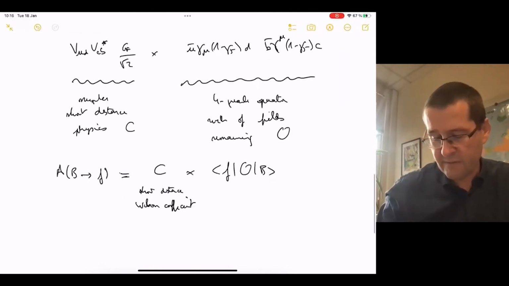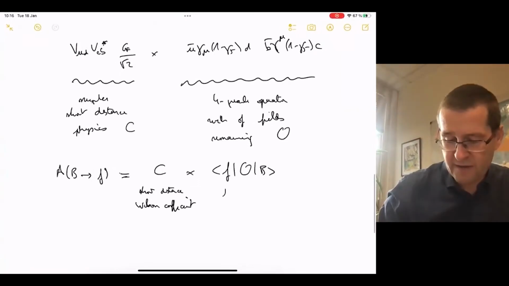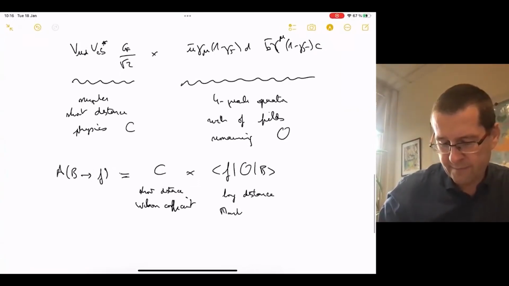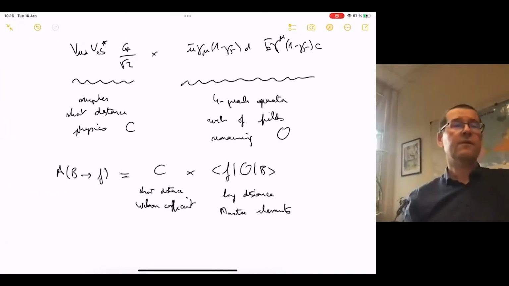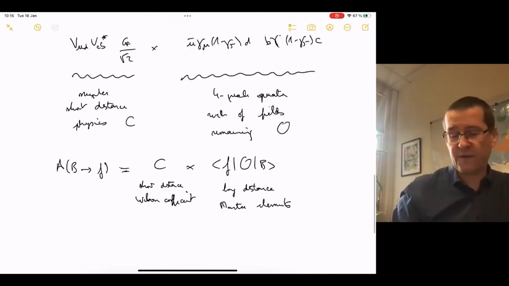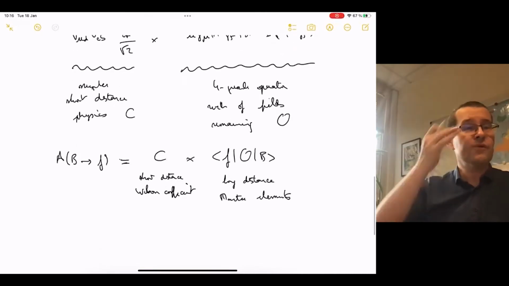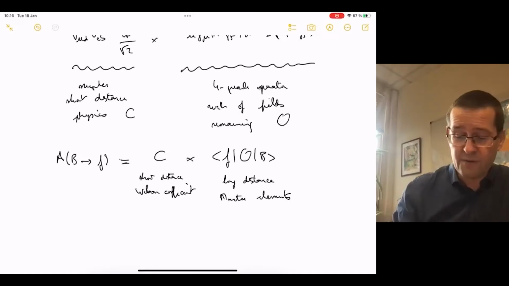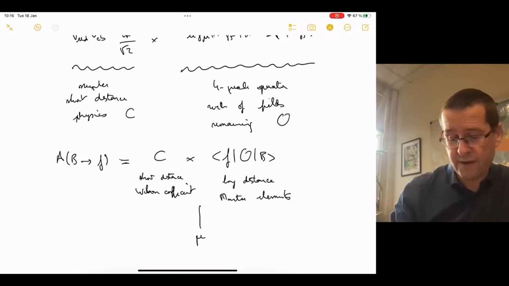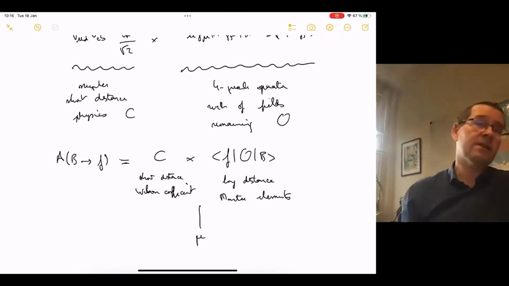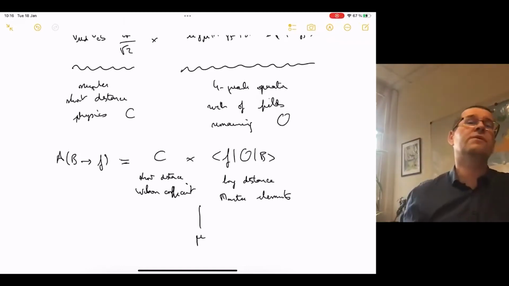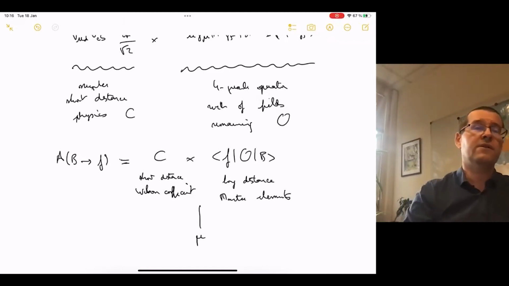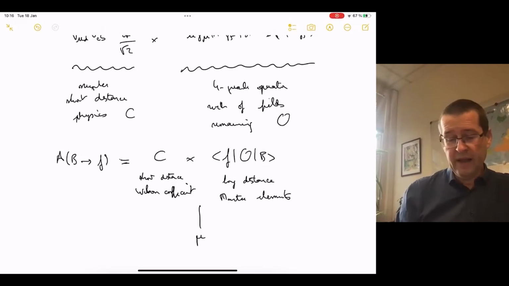So it's a matrix element that actually encodes long distance physics. And so by doing so and determining, here it's done in a very crude way, but you can see that you will have some kind of separation scale between the two, determining the part that goes into the long distance term and the part that goes into the short distances.